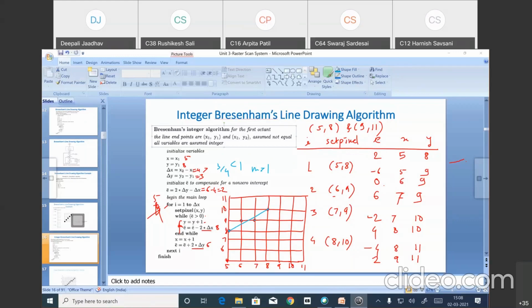So in the same way you can draw 5, 8 and 9, 15. Take this 5, 8 and 9, 15. 7 divided by 4, so M is greater than 1. In that case, what happens? Y always increases, X may or may not be increased. Why? Because the angle is greater than 45 degrees.